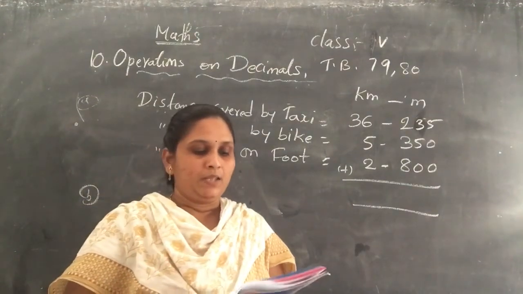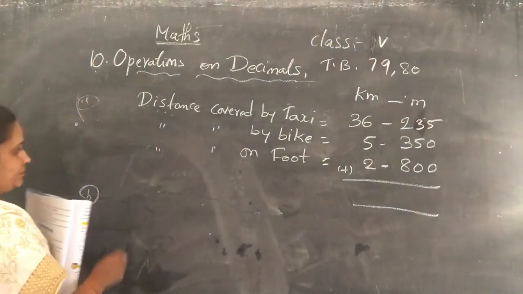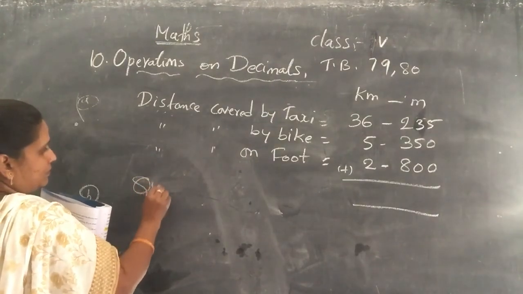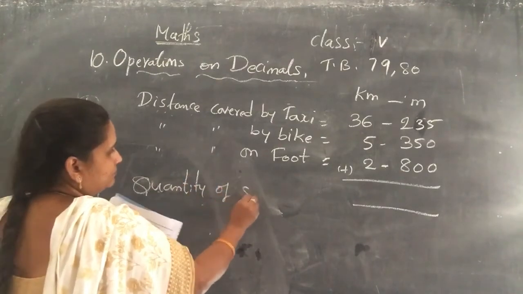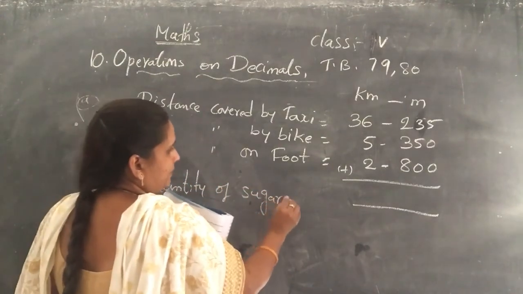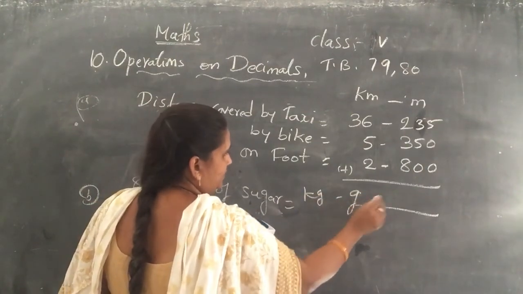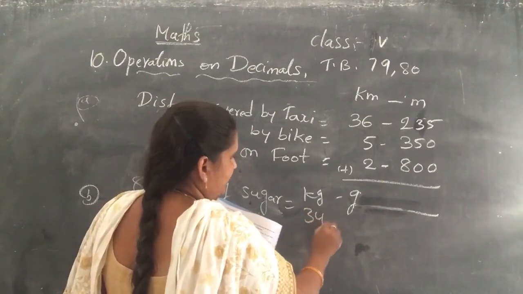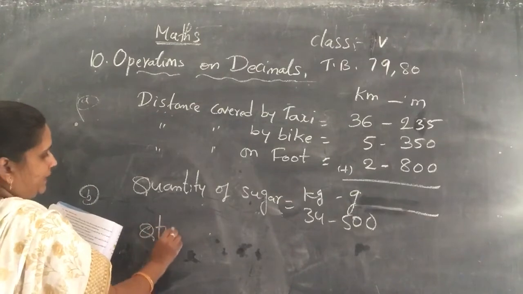So here the quantity of sugar is equal to, kgs and grams, you have to put the headings, children. And here how many kgs? 34 kgs 500 grams.